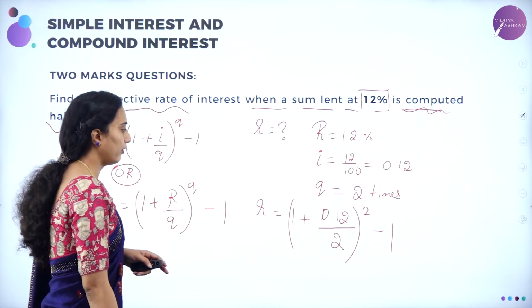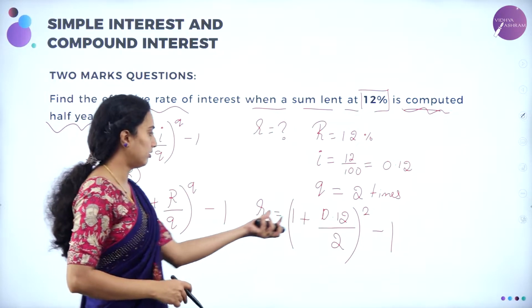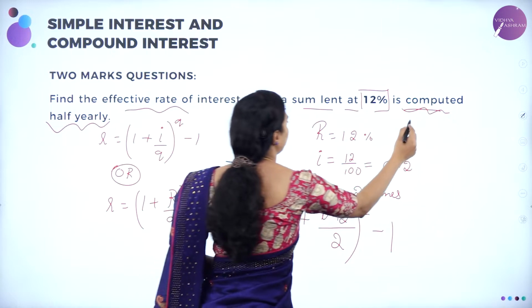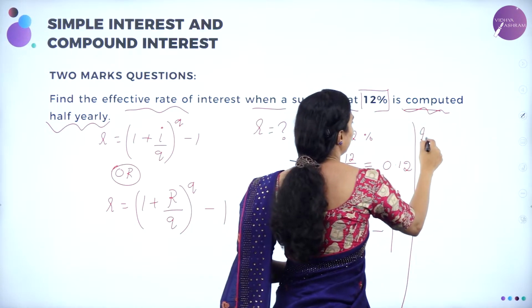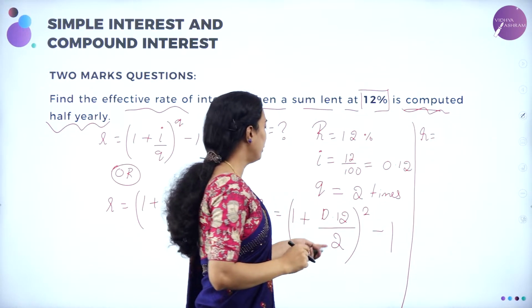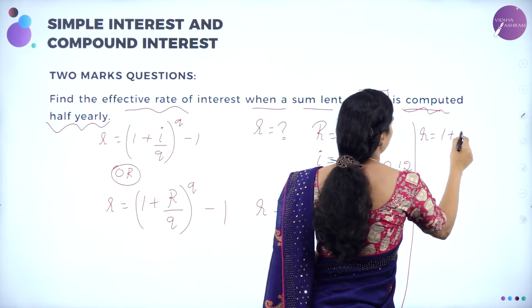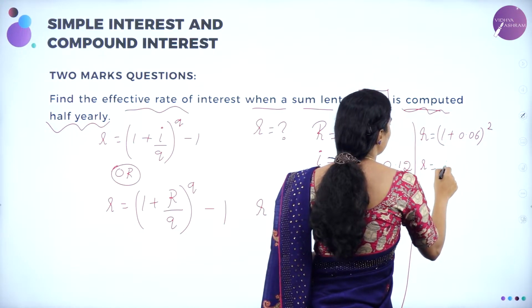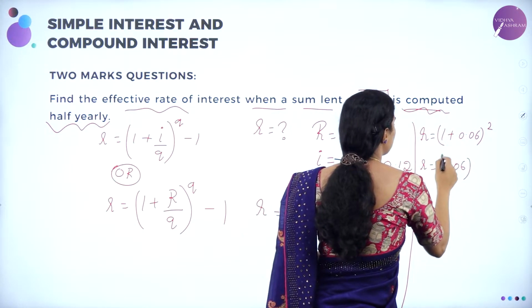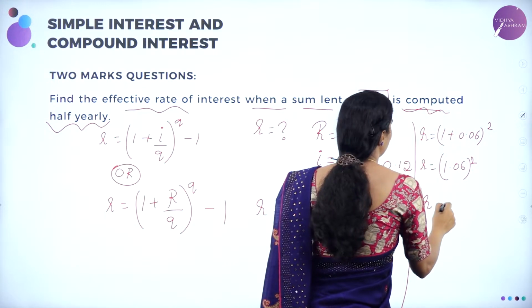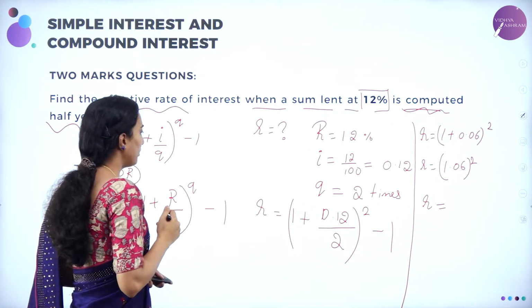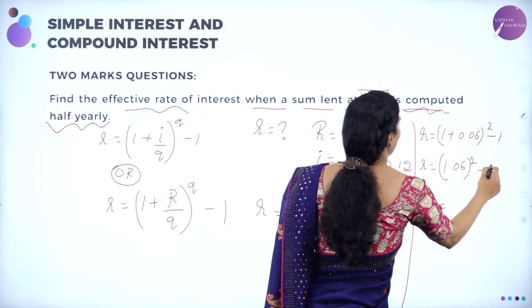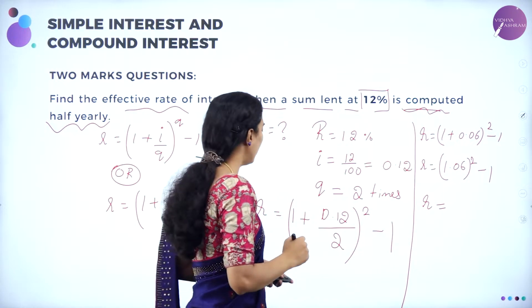Using the calculator, 0.12 by 2 is 0.06, so r is equal to 1.06 whole squared, and don't forget the minus 1 here.